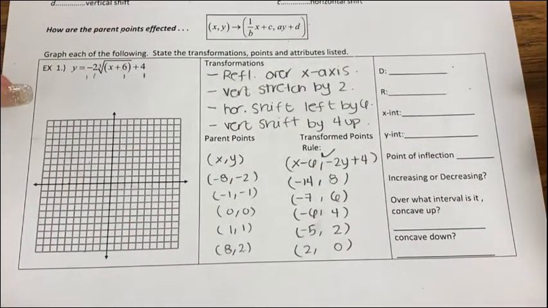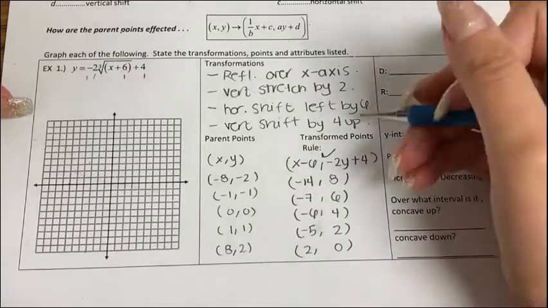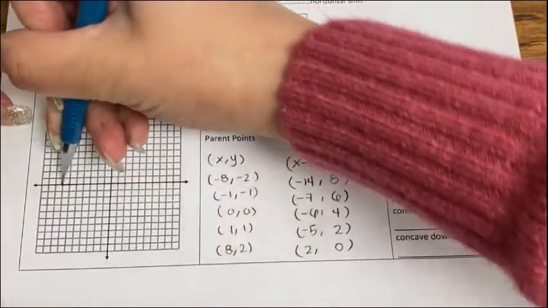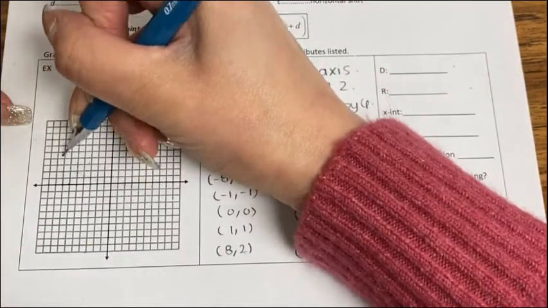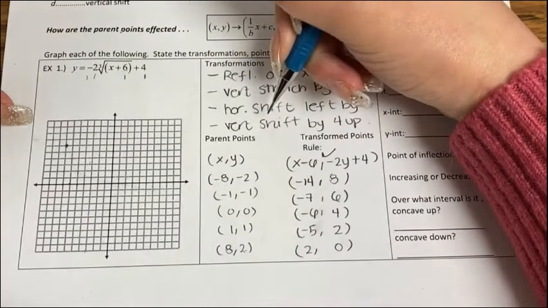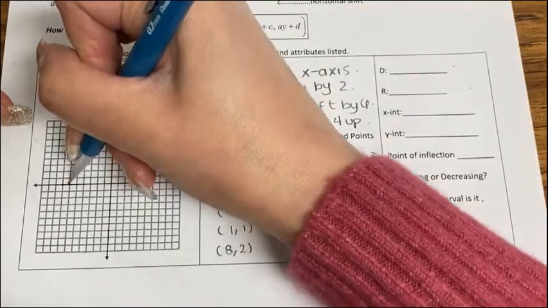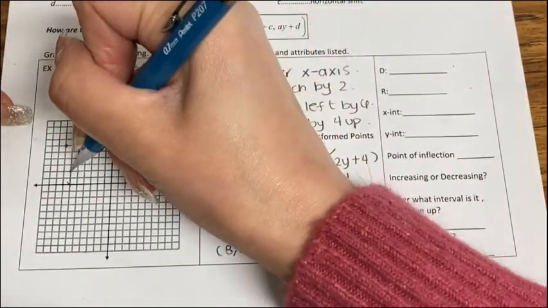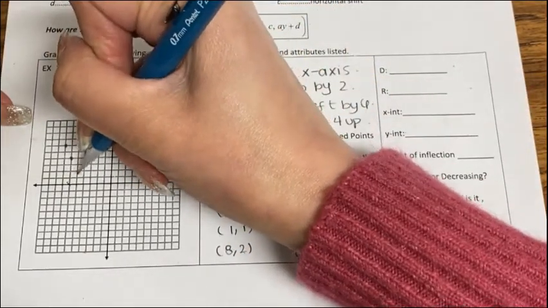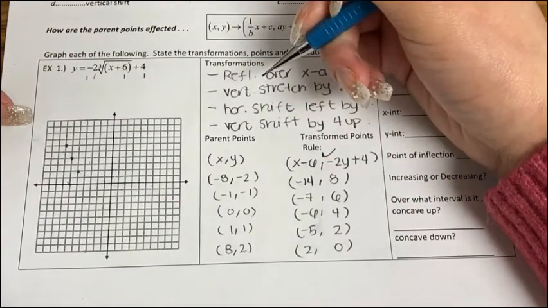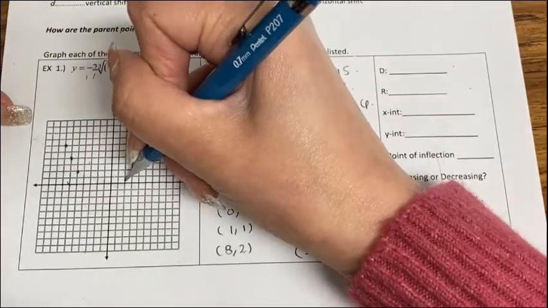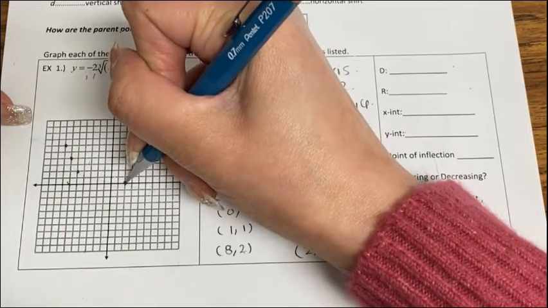So now I'm going to graph my points. Okay, so I have that -7 is going to be somewhere over here, and 6 is going to be over here. Then you have that -6 is going to be here, and then the +4 is going to be over here, then -5 and 2 is here, and then last but not least we have the 2, 0, which is here.